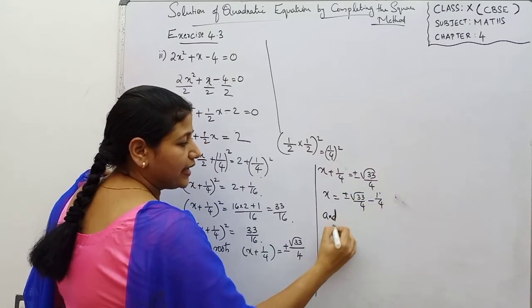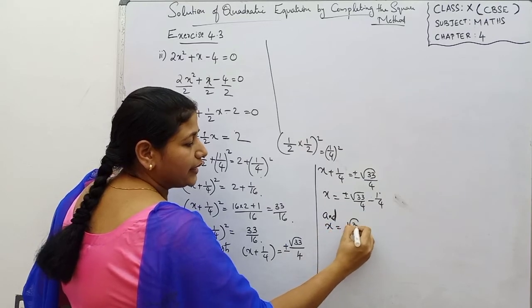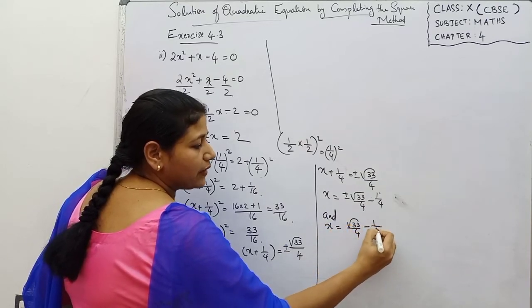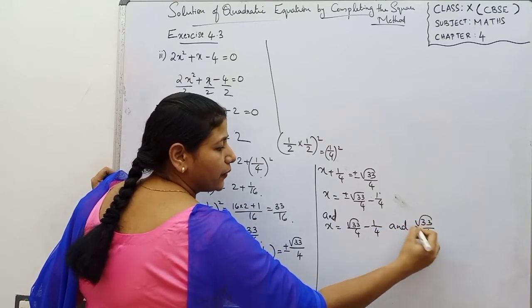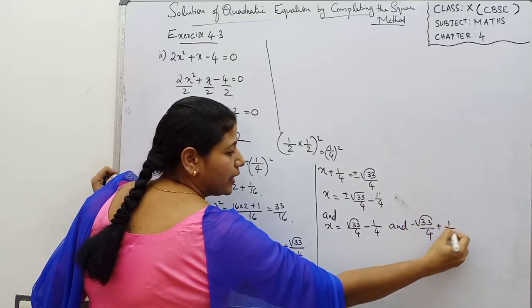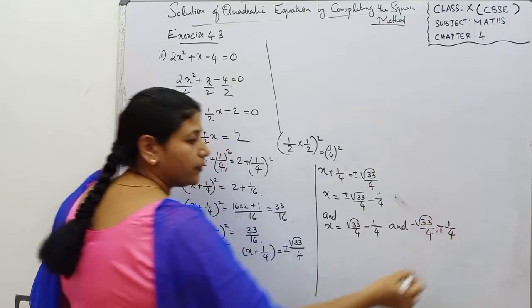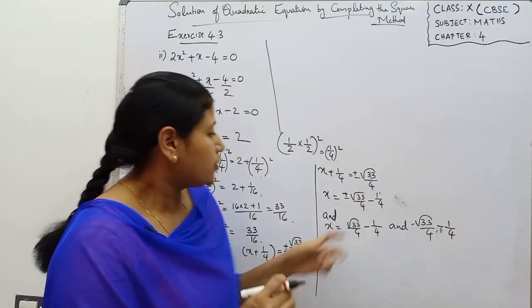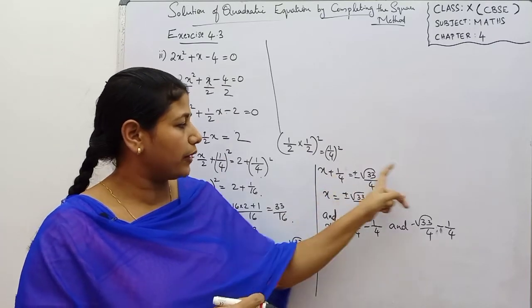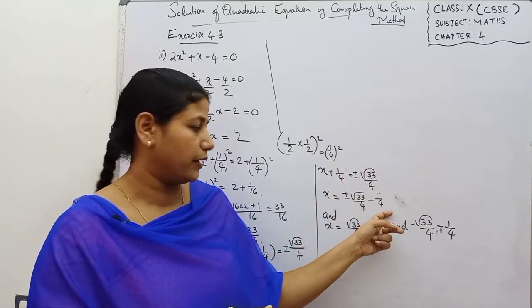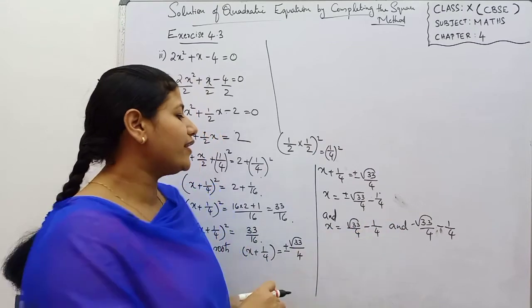We can write x as root 33 by 4 minus 1/4, and negative root 33 by 4 minus 1/4. So we got x as plus or minus root 33 by 4. This 1/4 I took from here, so it will be negative 1/4. And we got two values for this x.